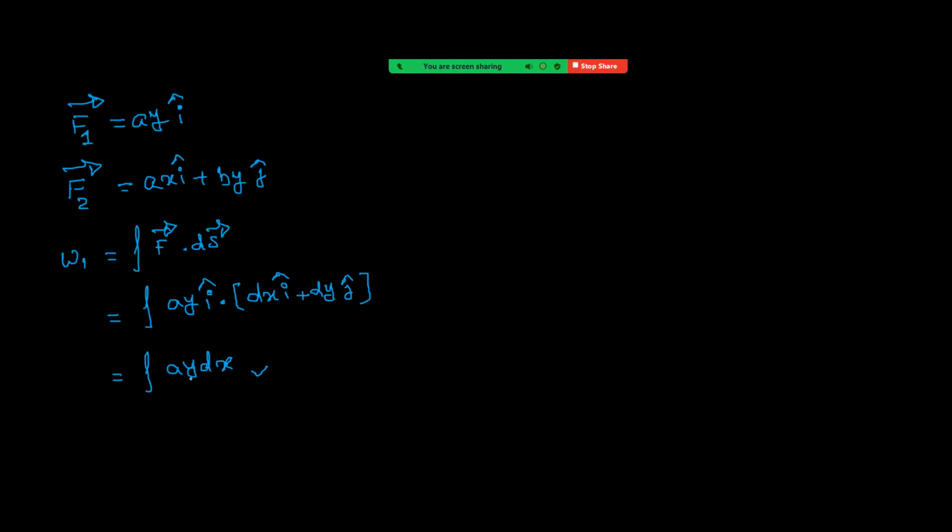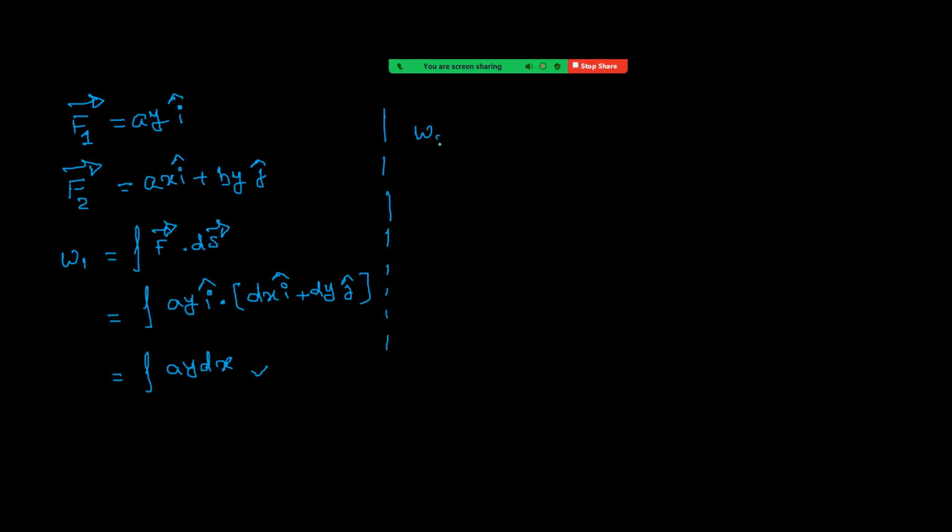Without that, we cannot make this calculation. So we need the path equation, that means the relation between x and y. That means this force is not conservative, so the corresponding field is not potential.